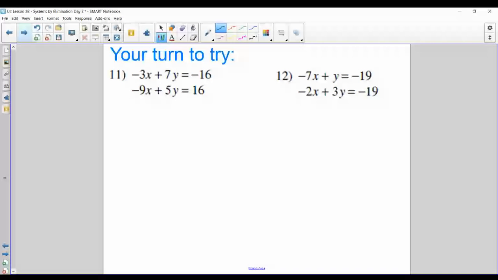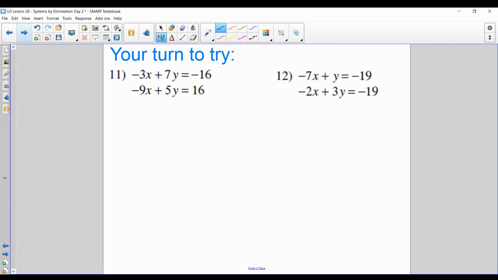Okay, so you try these two. Let me give you some hints here as we start this one. I'm trying to make either the x's match or the y's match. If I look at number 11, I see that 3 divides into 9.